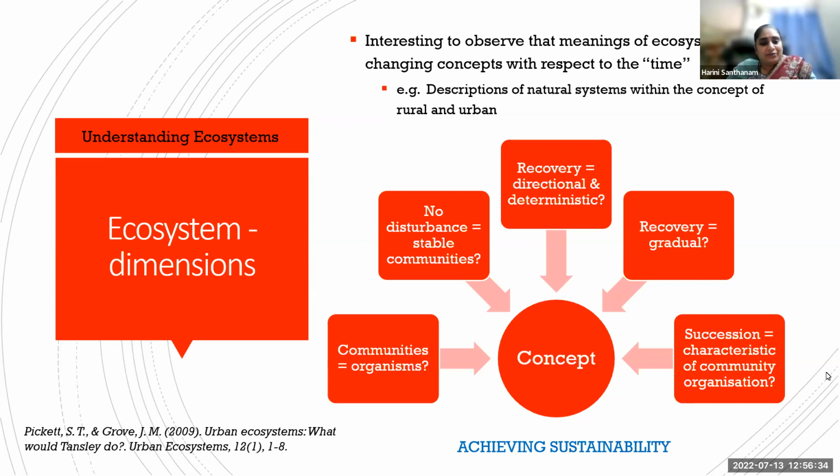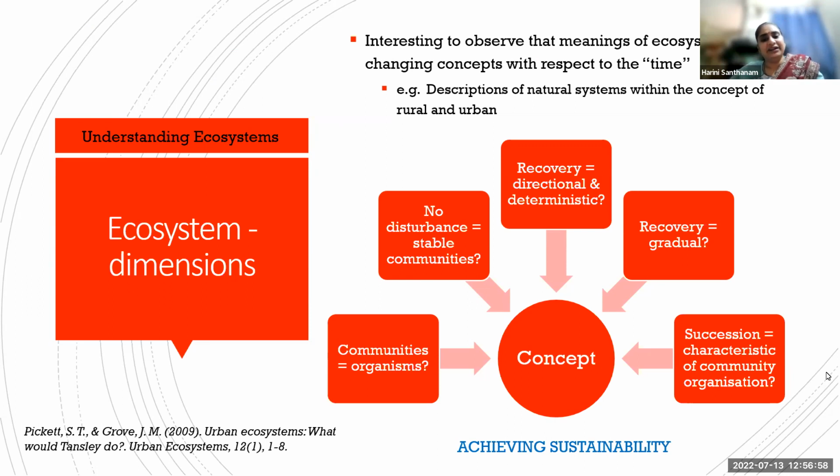Why I'm discussing this is that most discussions will stop with the structure and the concept of a natural ecosystem. But here we have evolved natural systems within the perspective of rural and urban. This is actually human transformation that has happened over time, which has altered the ecoscape on Earth.